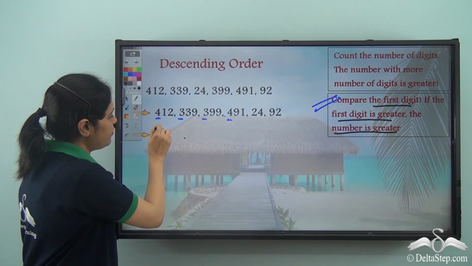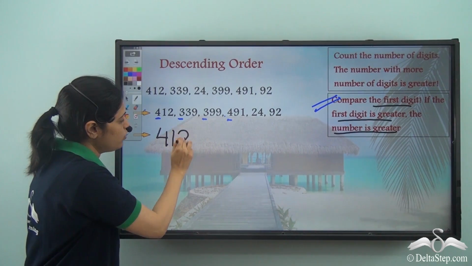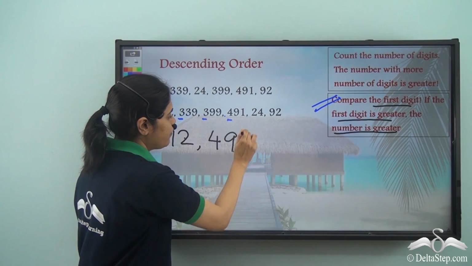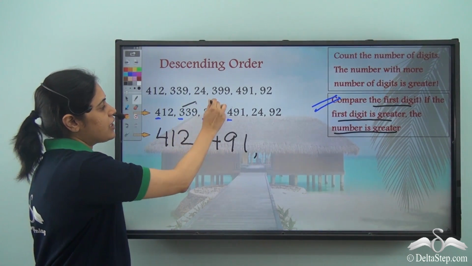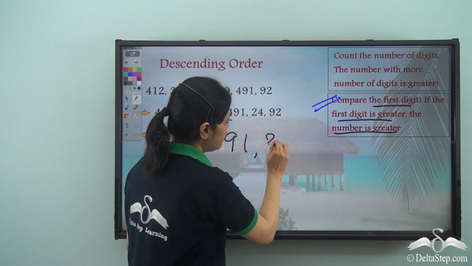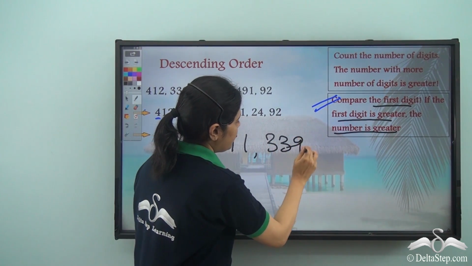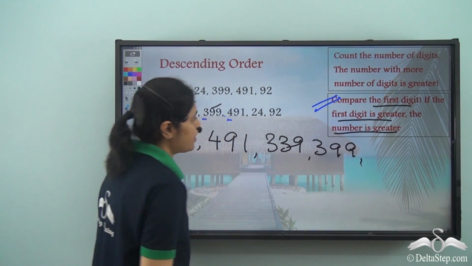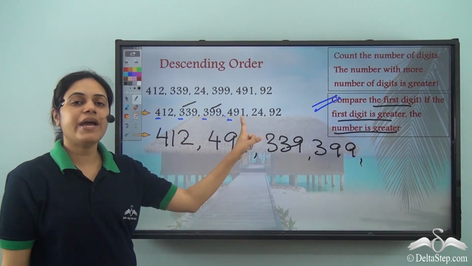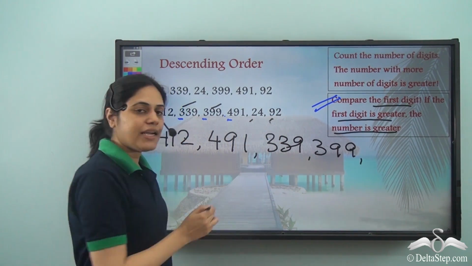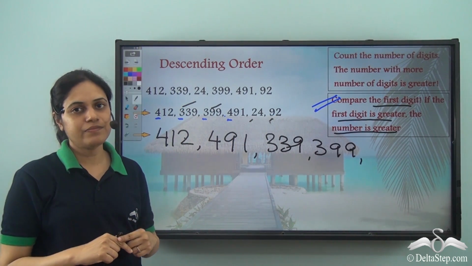So 4, 1, 2, 4, 9, 1. Then I'll write the numbers with 3 as first digit. 3, 3, 9 and 3, 9, 9. And then I will compare the 2-digit numbers. So I have 2 here and 9 here. Which is bigger? 9.